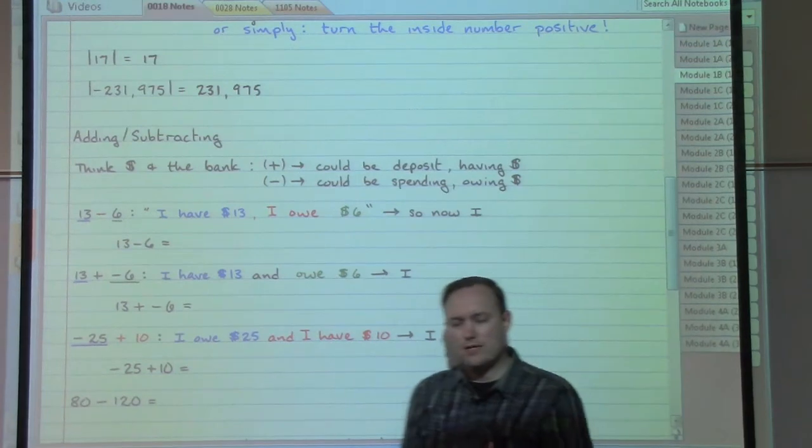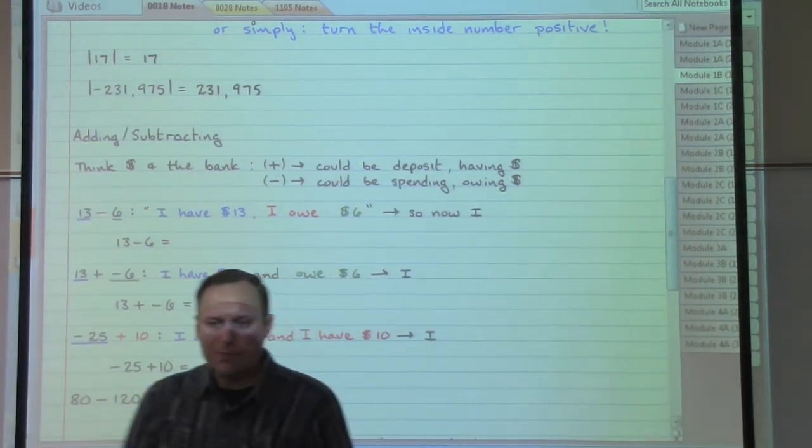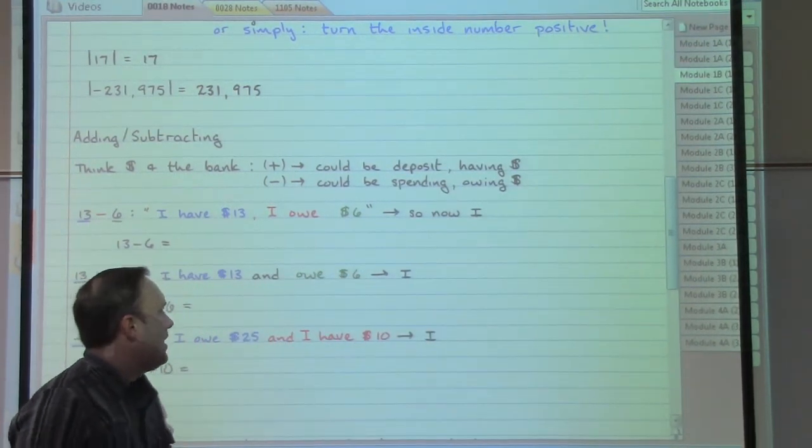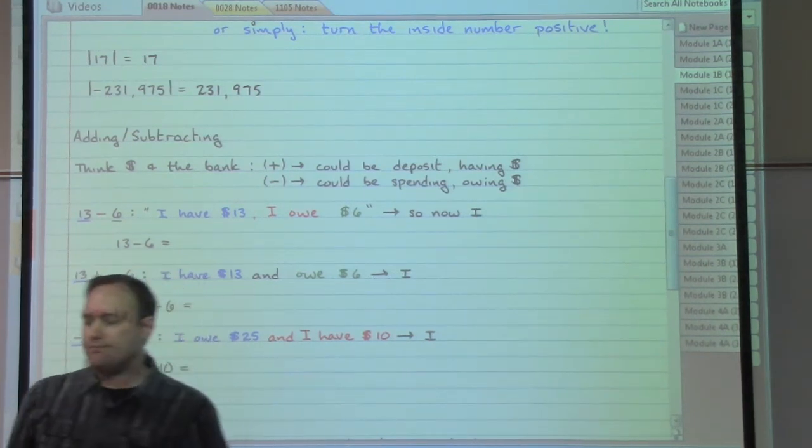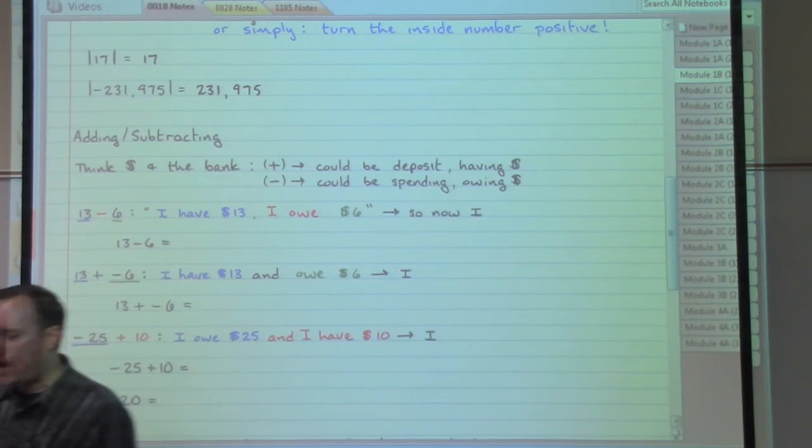Now if I think about this and consider my own practical experience with money, if I have $13 and I owe somebody 6, I go ahead and I pay them what I owe.